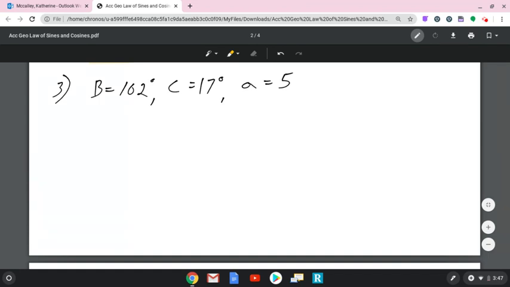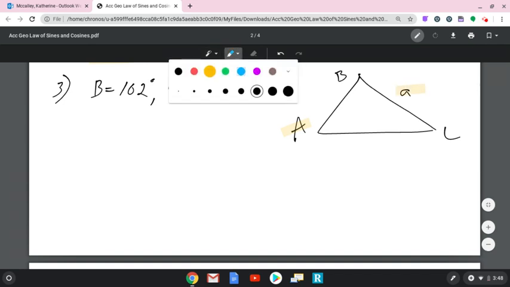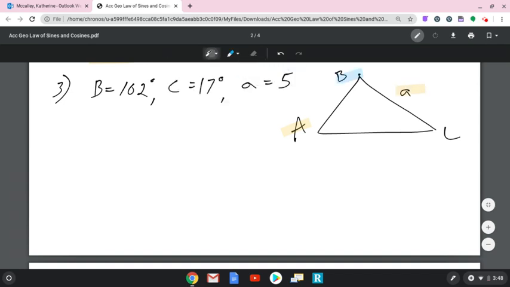And when I draw my triangle, I have A, B, C. Label your vertices. Label the sides across from the same letter. So big A, I have big A here. Across from big A is little a. Now B. Across from big B is little b.